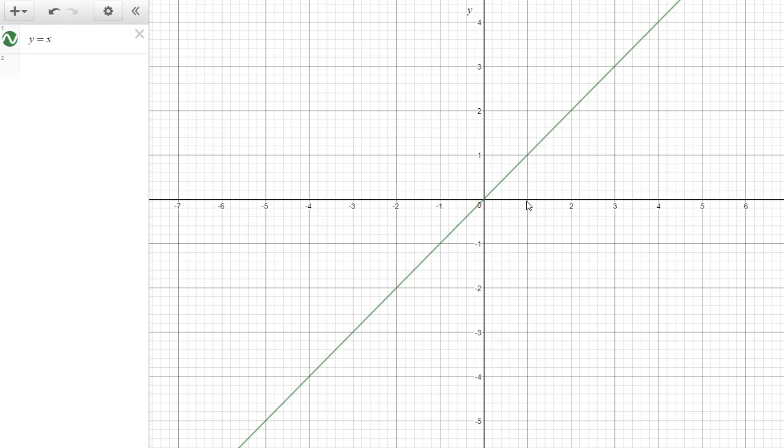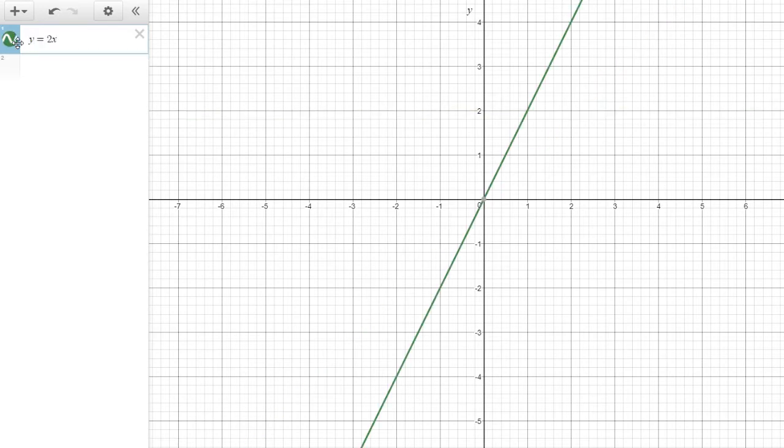When the x coordinate is 1, the y is 2; when x is 2, y is 2 times it, which is 4. So every y coordinate equals 2 times every x coordinate. There's our line, y equals 2x, and with the pointer on it, every y coordinate is twice the x coordinate.